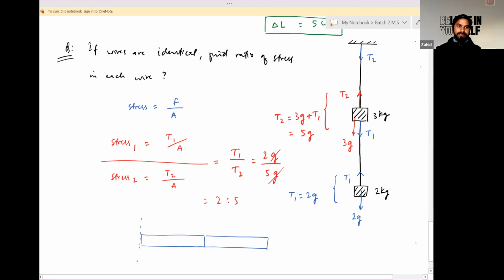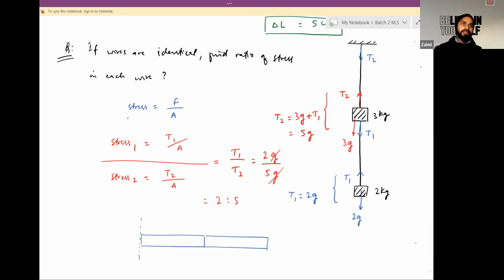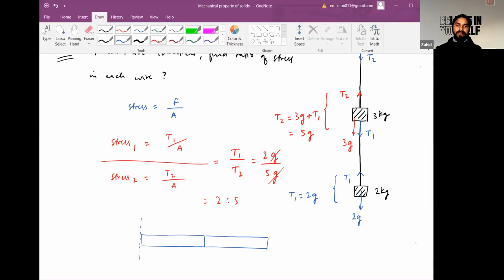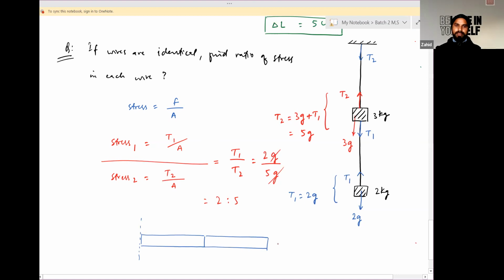This will behave as the top surface, and there is one force at this point along this direction, which is 2 times gravity. There's one at this point along this direction, which is 3 times gravity. And at this point, opposite to it will be 5 times gravity. So let's say this is the first string and this is the second string. So you may be asked this problem this way.